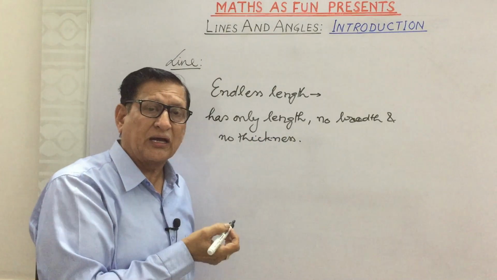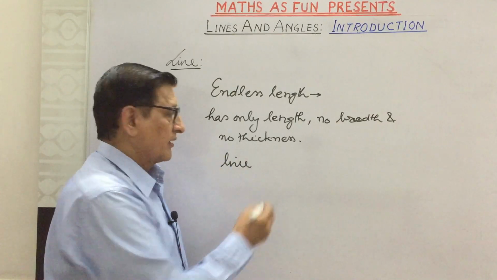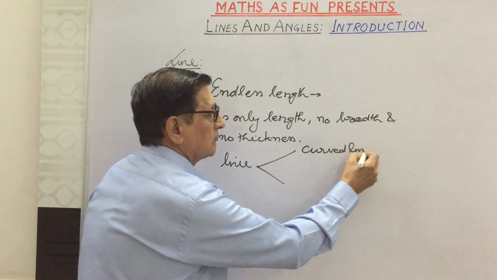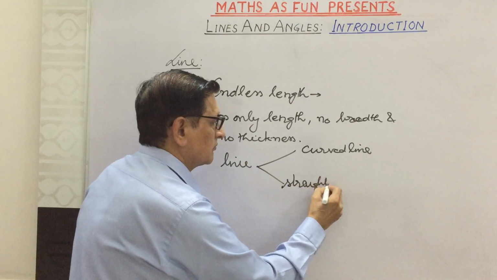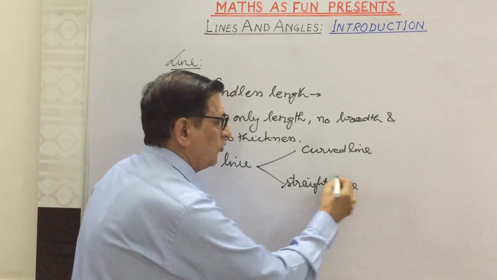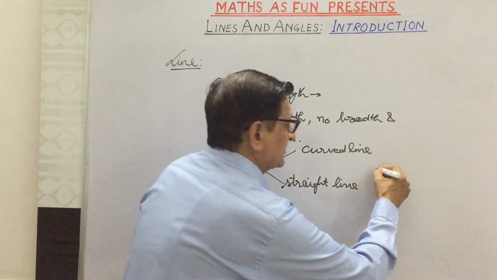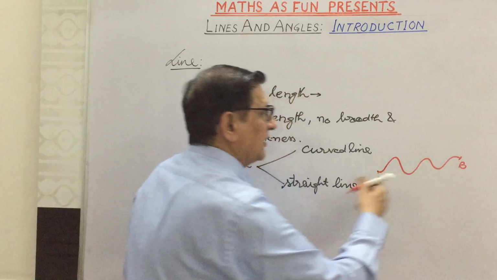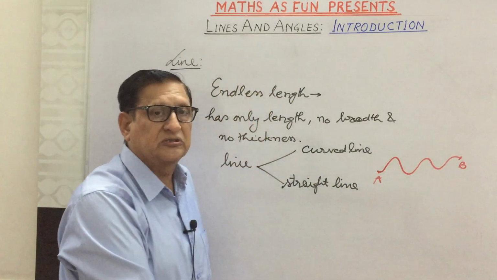A line can be divided in two ways. One is a curved line and another is a straight line. What is a curved line? A curved line keeps changing its direction at many points. Suppose we draw a line from A to B and it keeps changing its direction at many points.